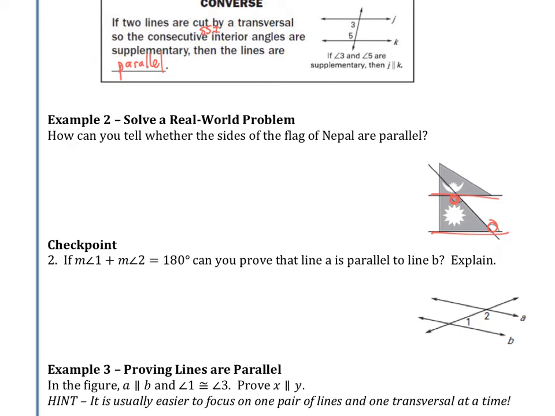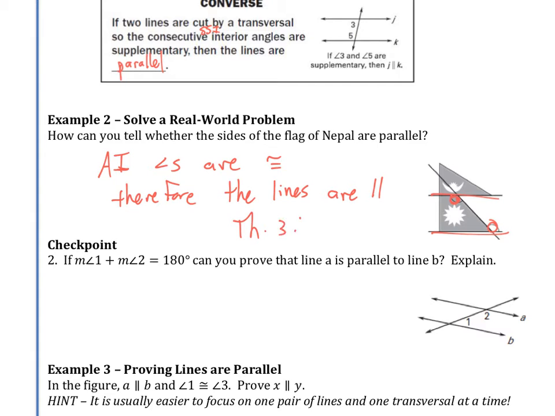So we'd say, well, the alternate interior angles are congruent, therefore the lines are parallel. And that's theorem 3.4. If the alternate interior angles are congruent, then the lines are parallel.